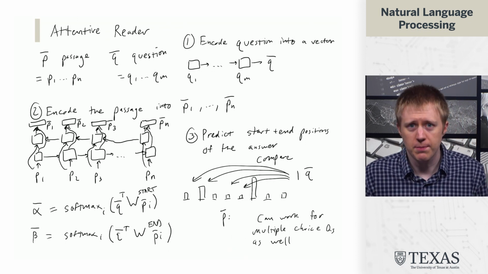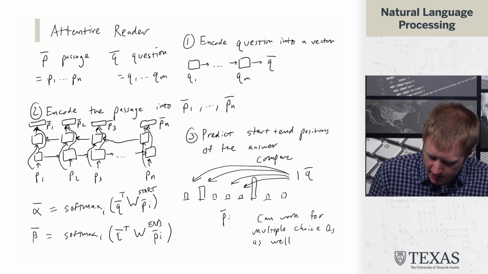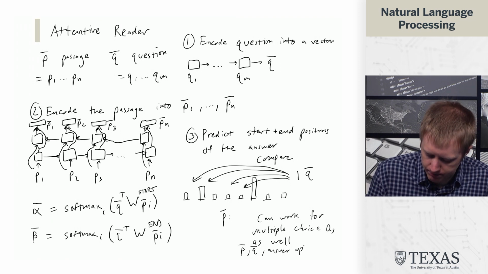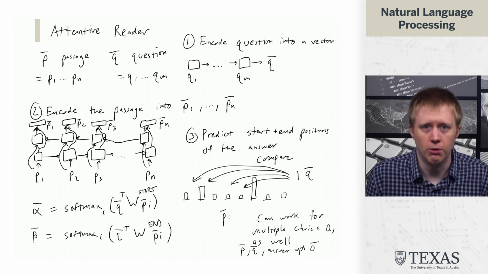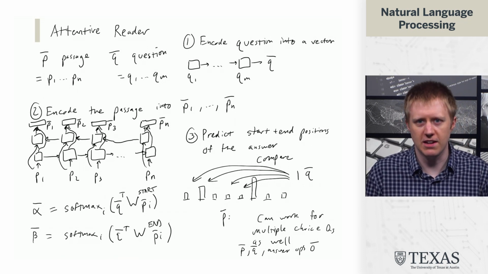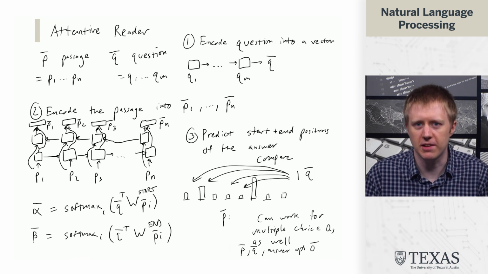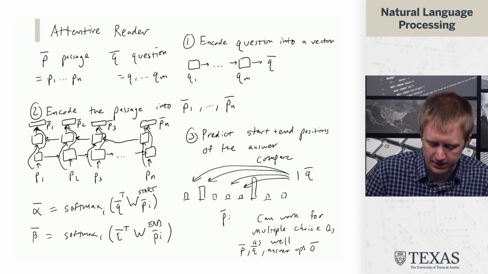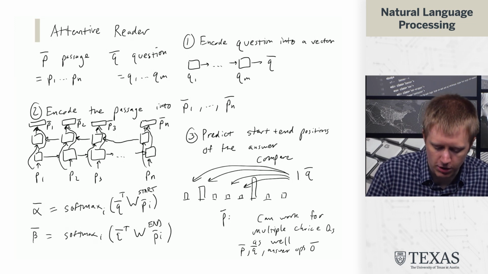Typically what you do there is you take P and then Q and then answer options, which we'll call O. You're going to want to use some mix of attention and some final layer that's going to look at the different possible answer options and compare them to the question and the passage. So that's something which shows up in other datasets.